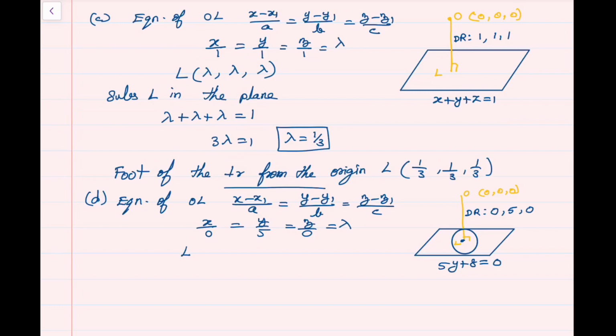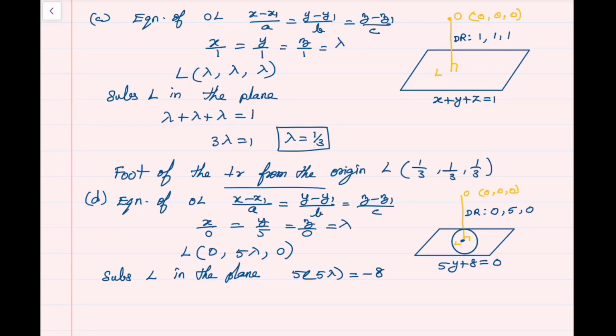Any point on this line OL will be of the form (0, 5 lambda, 0). L also will be of this form. To find L, let us substitute L point in the plane equation. Therefore, we get 5 times 5 lambda equal to minus 8.